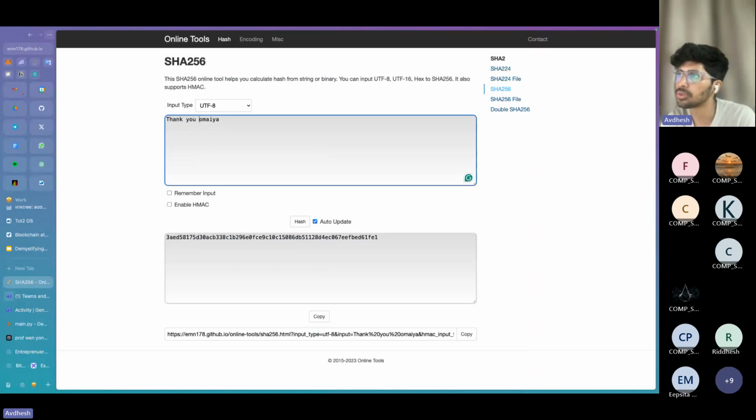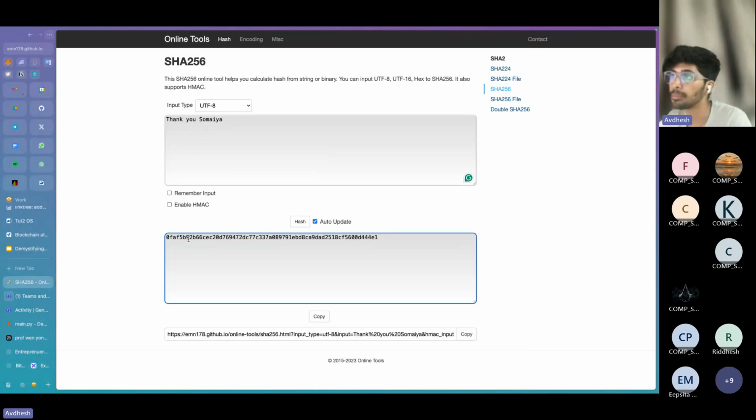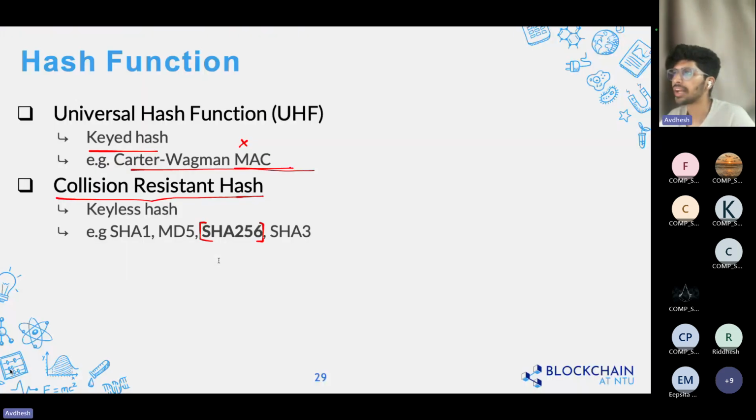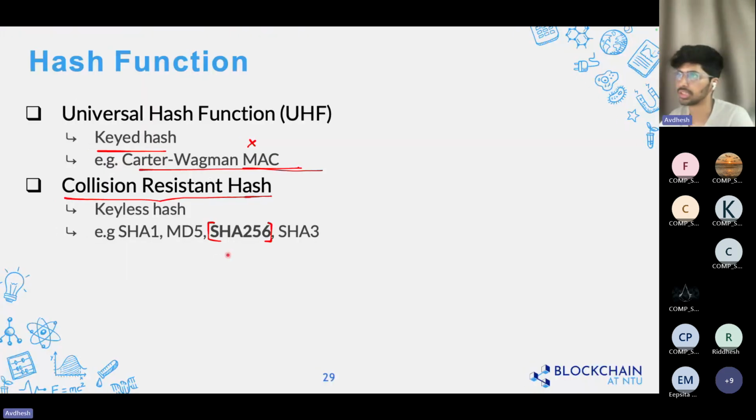Now, if I change it to the capital S, it will be entirely different. So the starting and the ending are entirely different. That is one of the major advantages of SHA-256, that even a small change can change the hash entirely. And this is a 256 bit output that we have. That is what Bitcoin is currently using.